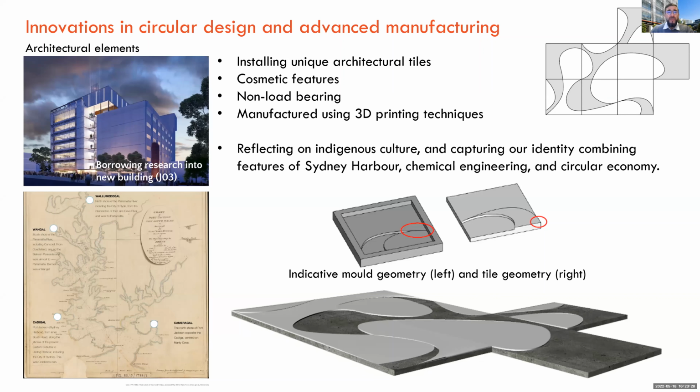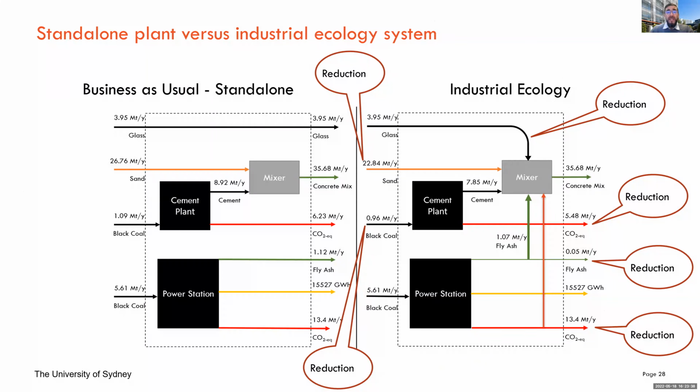So this is an example of a roof tile, or a cosmetic tile with an abrasional element in it as well. That all means emissions reductions, industrial ecology systems working together to reduce emissions across the whole system, not just in one place.